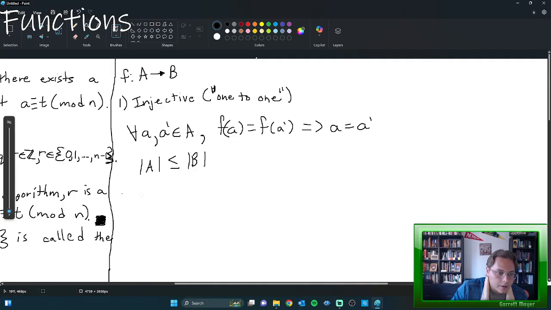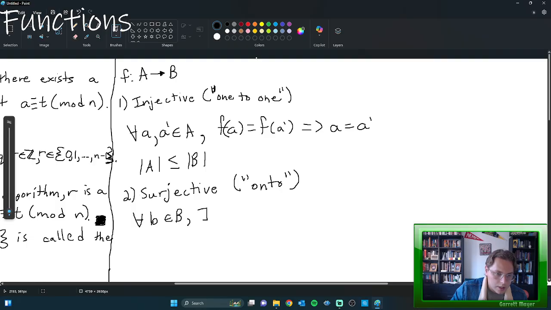On the other hand, you have surjectivity, which is also called onto. So a function can be onto. The way to state this is that for all b in the codomain, there exists an a in the domain, so in the input space, where f of a equals b.